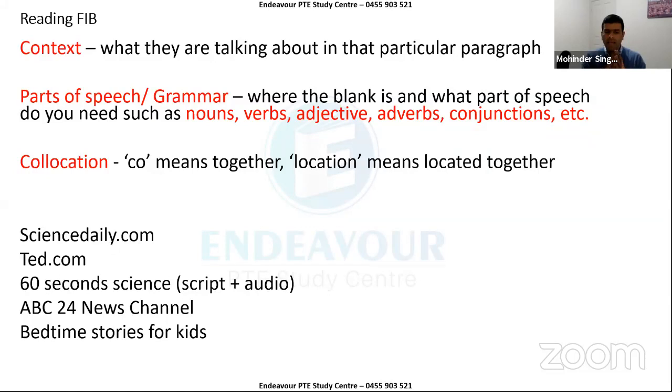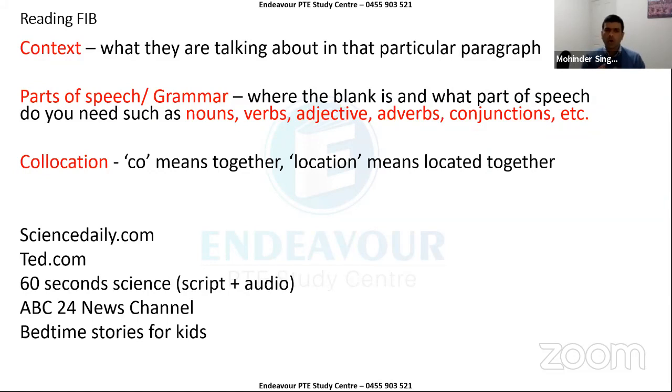Now, I have some other questions which will be coming in the next few slides. You'll see that again, and we'll discuss that in detail. So collocation, the third thing we need to know, is collocation. Now, what is collocation? If you just Google collocations in academic English, it comes up with a definition that two or more words which appear more frequently as compared to other words, or the words which sound natural for a native speaker, are collocations.